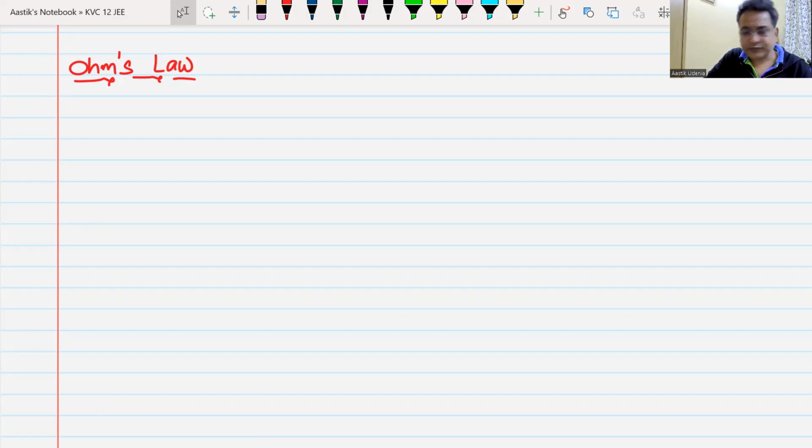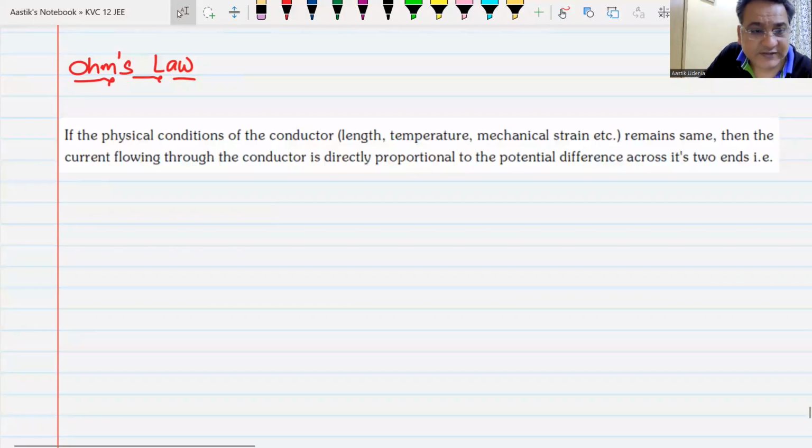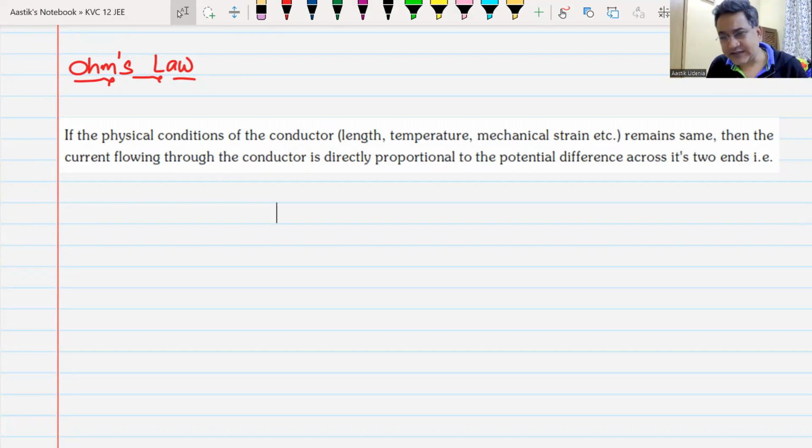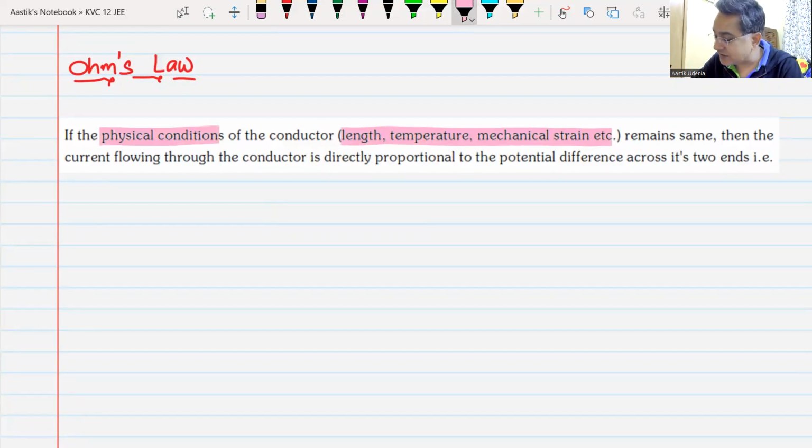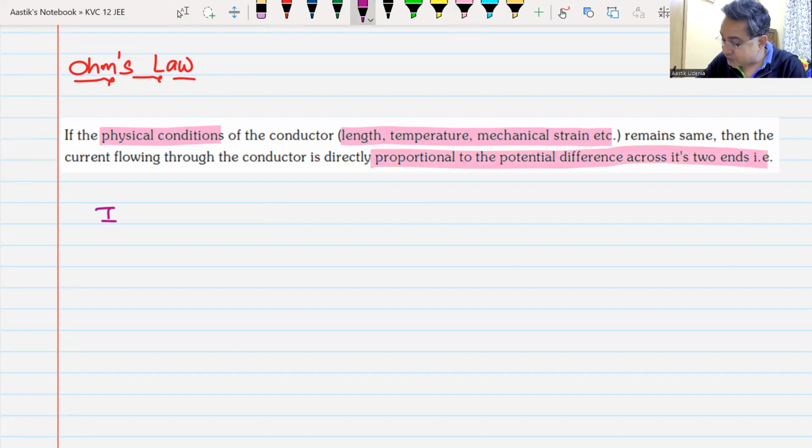If the physical conditions of the conductor, when I talk about the physical condition of the conductor, length, area of cross section, geometry, temperature, if these things remain the same, then the current flowing through the conductor is directly proportional to the potential difference across its ends. This statement is known as Ohm's law.